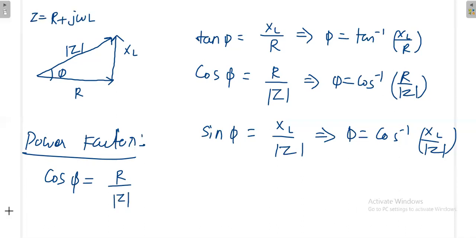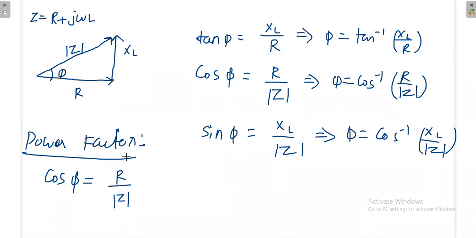Then what is this power factor giving? In the case of a pure inductor and capacitor, the power factor is 0. In the case of a resistance, the power factor is 1.